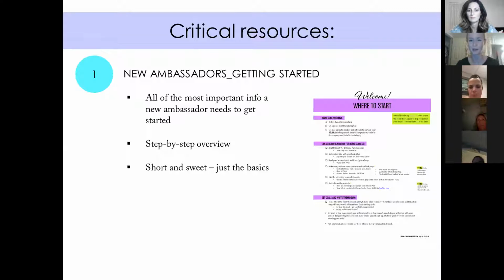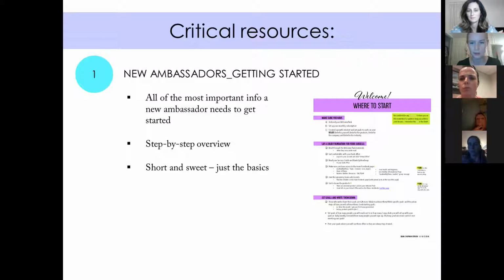This pulls all the most important information that does exist in lots of different places already, like on team pages, and it's all in one super handy, super concise place, so it's not too overwhelming, and it's the absolute essentials of getting started the right way.